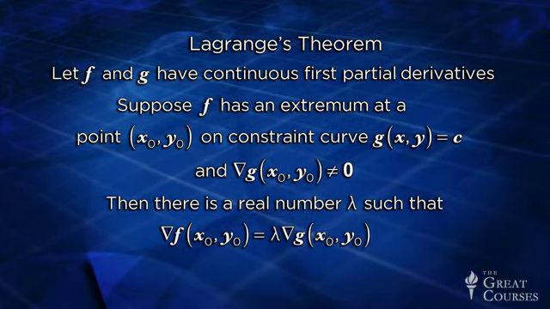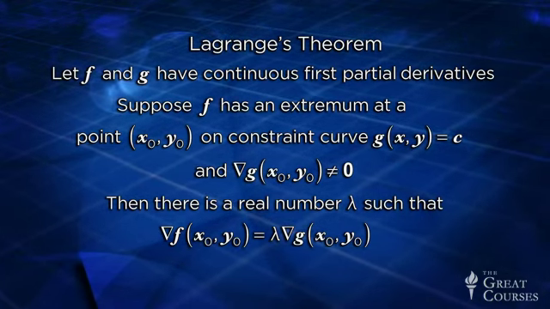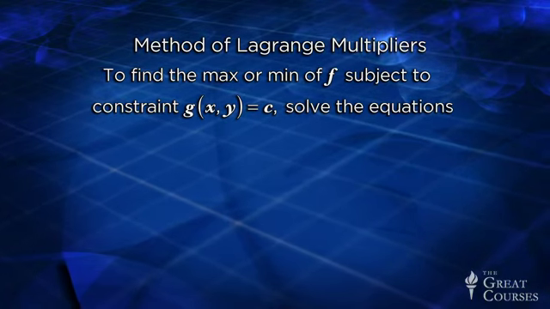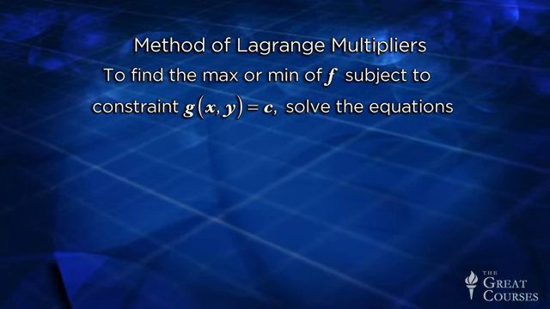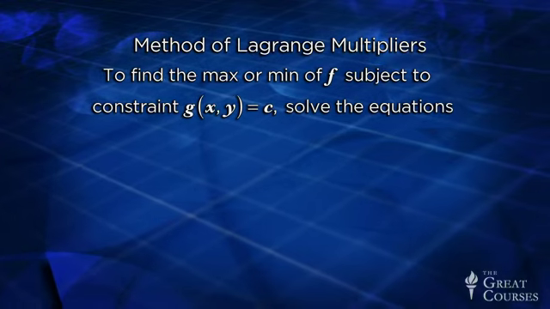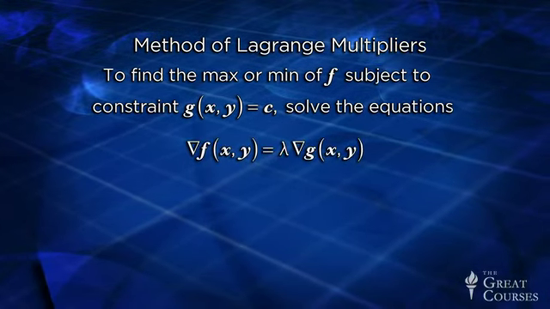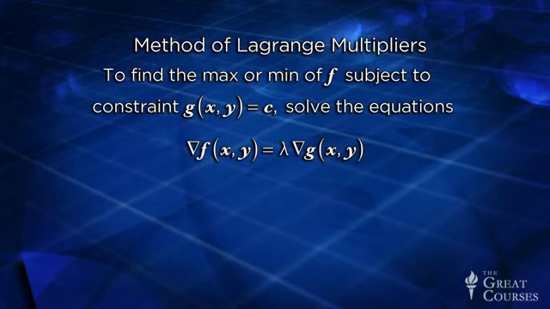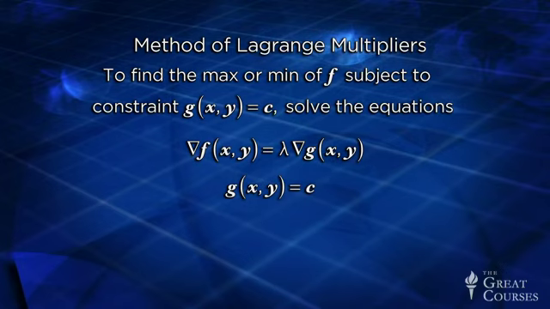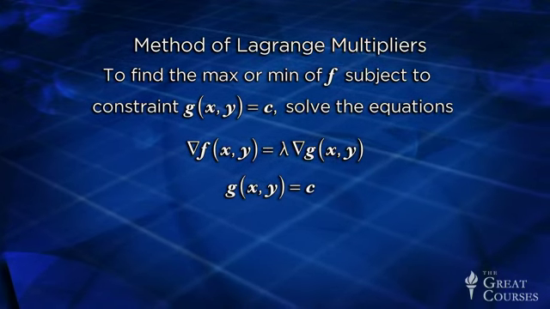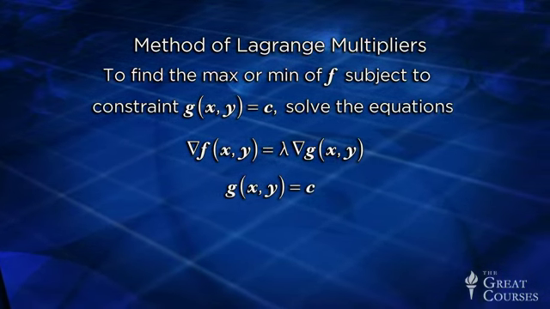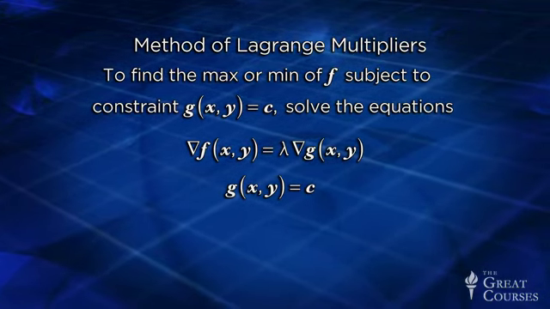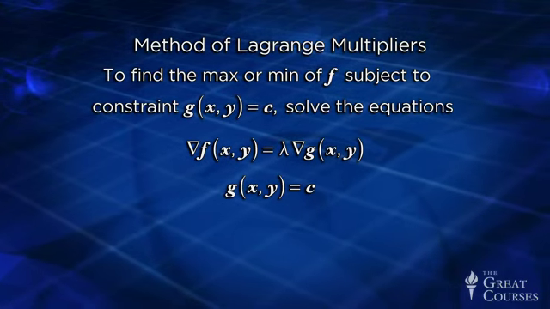Here's how you do a Lagrange multiplier problem. To find the maximum or minimum of a function f, subject to a constraint g, where g of xy equals a constant c, solve the equations gradient of f equals lambda gradient of g together with the constraint equation g of xy equals c. And as we saw in the last lecture, calculating the gradients is a calculus topic, not too difficult. It's just taking some partial derivatives.